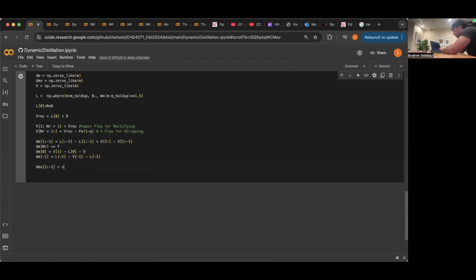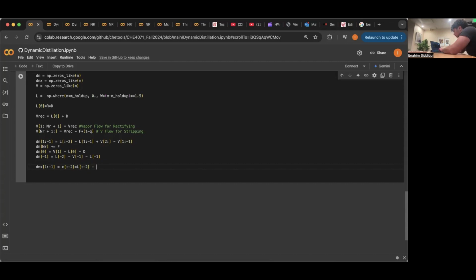Again, I mentioned how we have to multiply what we had previously and what we derived from the earlier parts by our composition. So that's going to be starting with X, from semicolon -2. And we're then going to multiply this by our liquid, from semicolon -2. Right. Yep, that looks good.